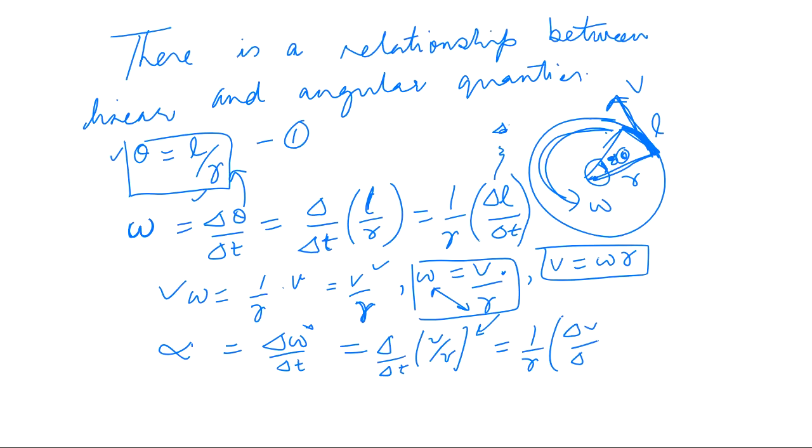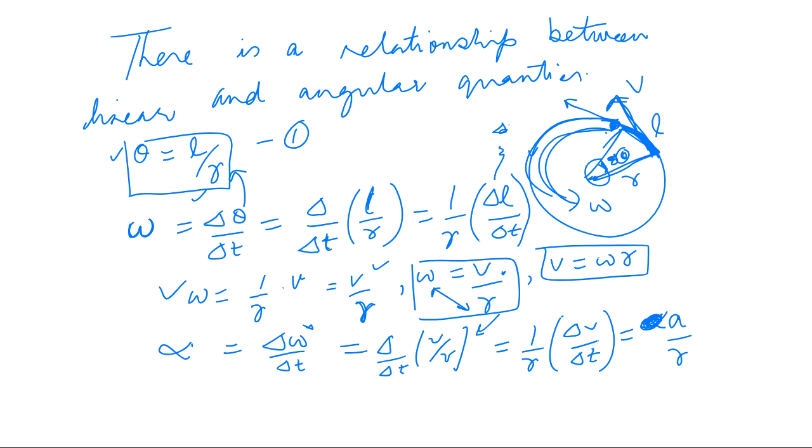What is delta v over delta t? It is tangential acceleration. It's the acceleration that an object, particle, or body experiences tangential to the circle, while angular acceleration is radial, it's inwards. So this becomes a over r.